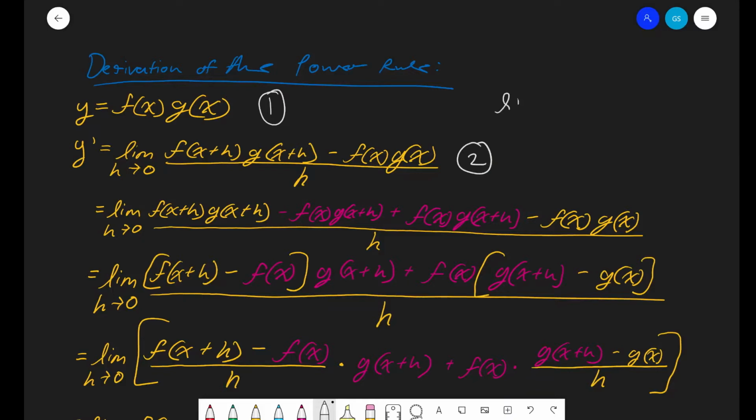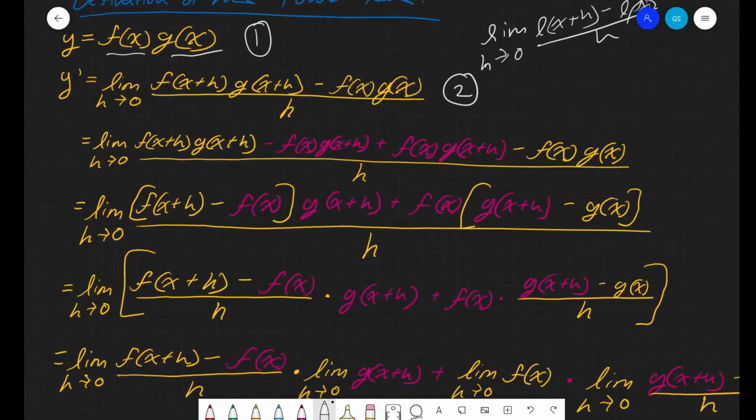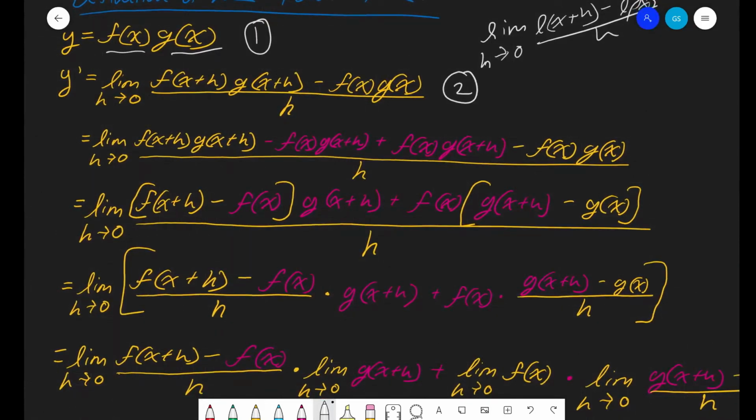Remember, the difference quotient is just the limit as h approaches 0 of some function, let's say L of x plus h, minus L of x, over h. It's the same thing, but now I'm plugging in f of x and g of x. I did that accordingly, then I did some algebraic manipulation. The writing in pink here, I added in f of x times g of x plus h, and I subtracted it.